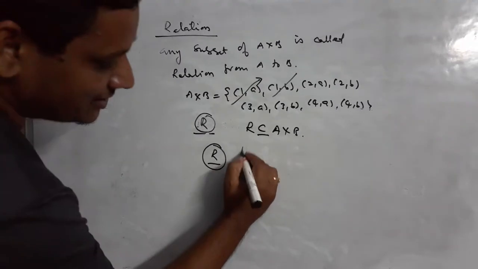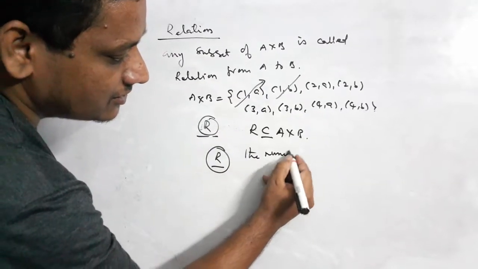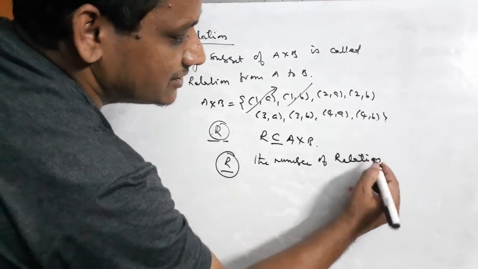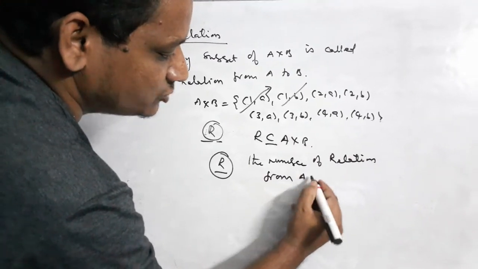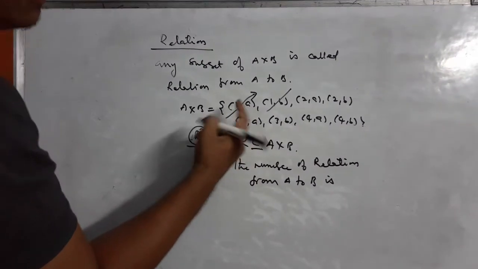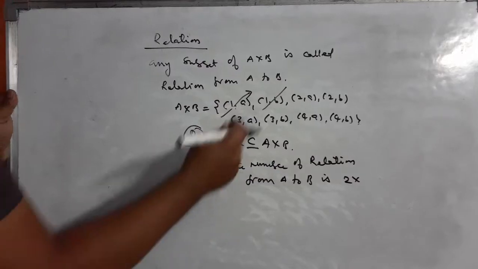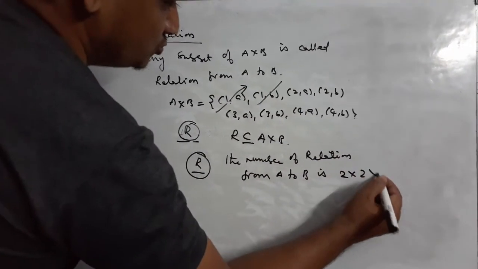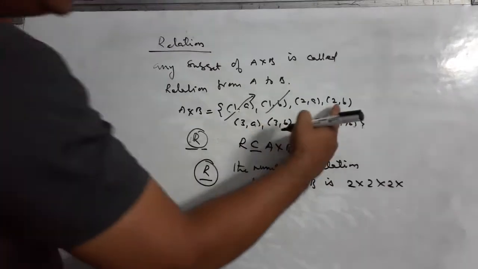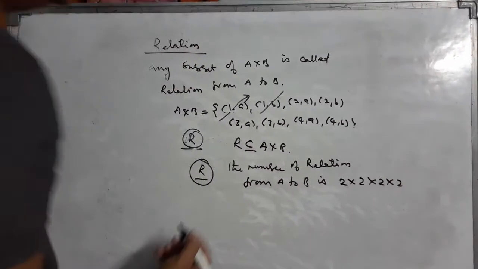So here the number of relations from A to B is: how many chances for (1, A)? We have two chances. For (1, B) also two chances. (2, A) also two chances. (2, B) also two chances.